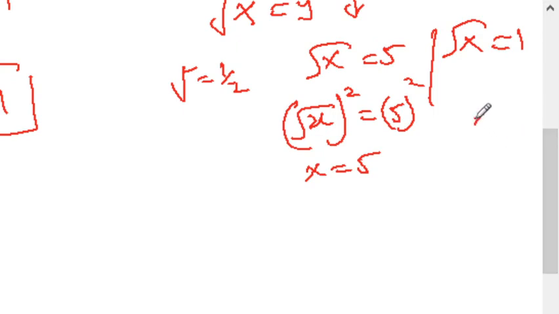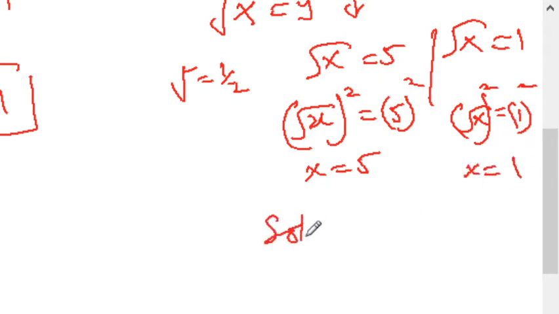And similarly here, root x whole power 2, 1 whole power 2, I get x is equal to 1. So the solution is 25 and 1 for x. That's the result. One more question, students.